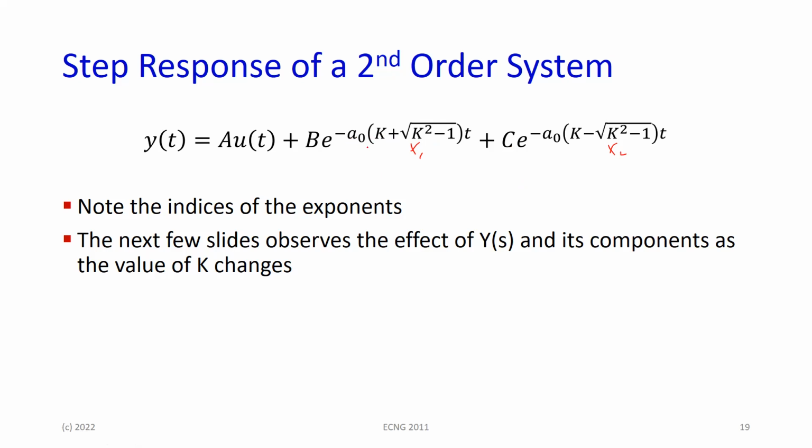Now the behavior of this, for instance, if x1 and x2 are positive, then this is going to be an e to the negative something t. This is going to be an e to the negative something t. In other words, if x1 and x2 are positive, this is a decaying exponent, this is a decaying exponent.